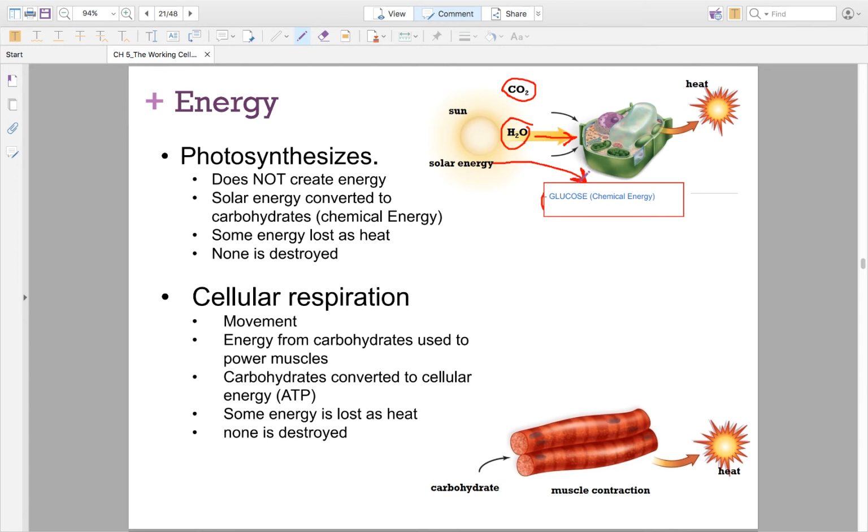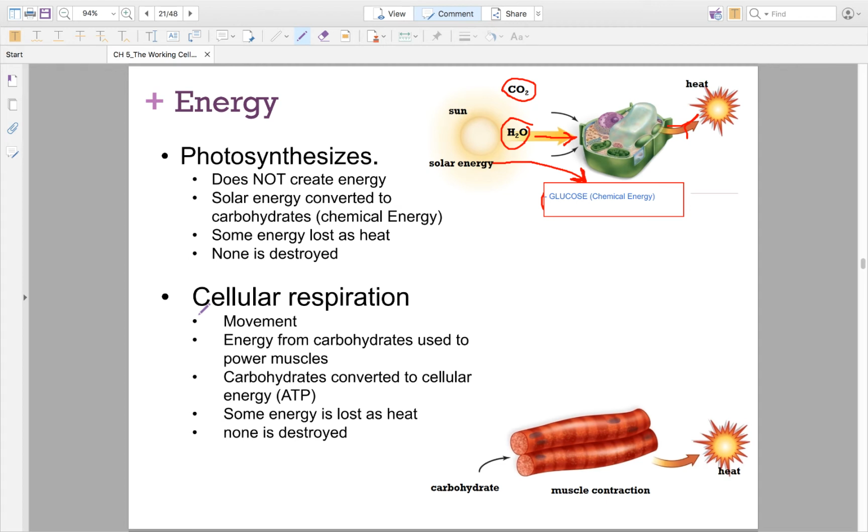Okay, great. Next. Now, of course, some is lost as heat, yada yada. None is destroyed.